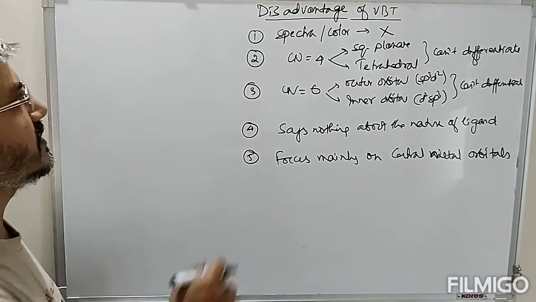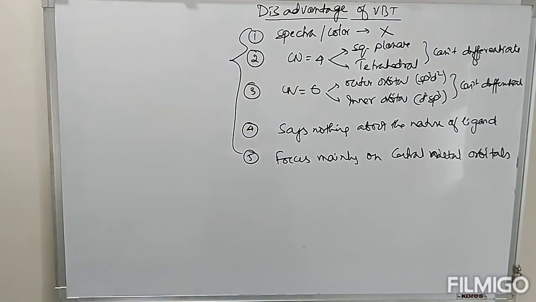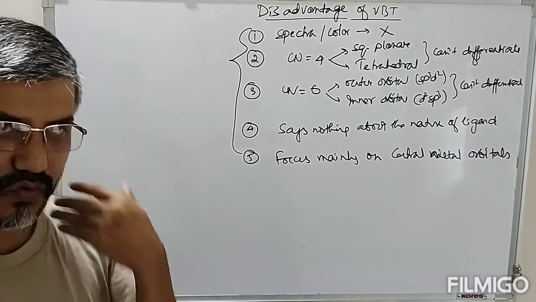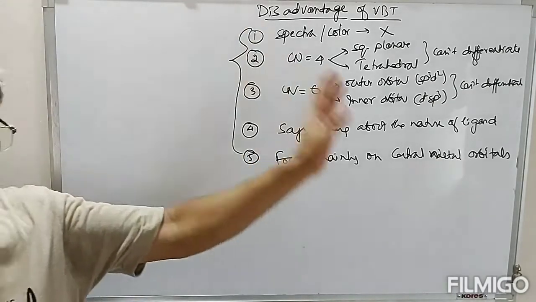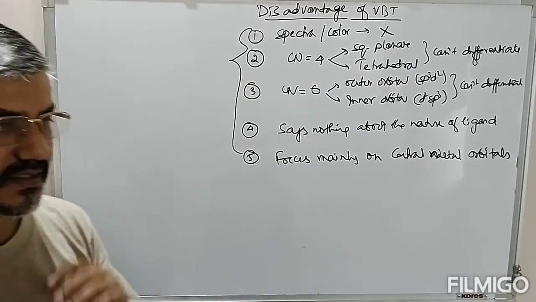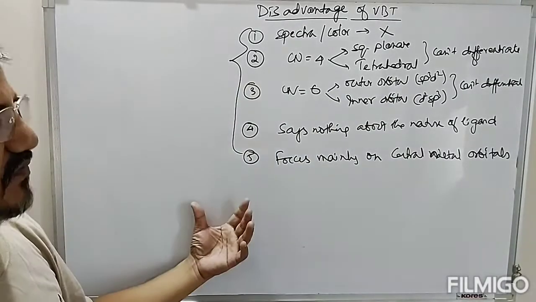So these are some of the disadvantages of valency bond theory. The main focus is on the central metal and only its valence shell orbitals, and with regard to the other orbitals and the orbitals of the ligand, it has nothing to do with them.